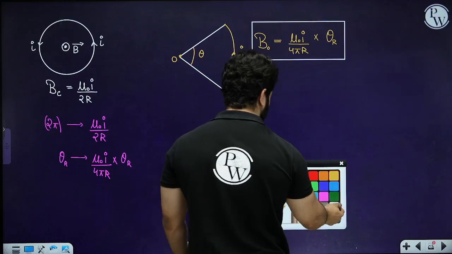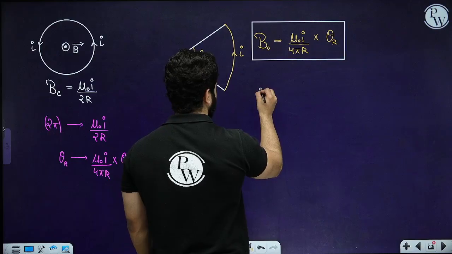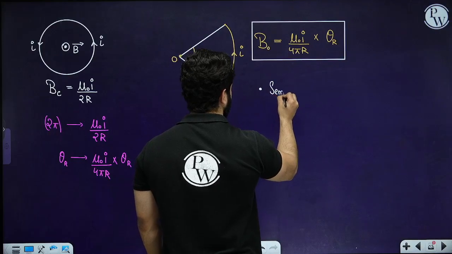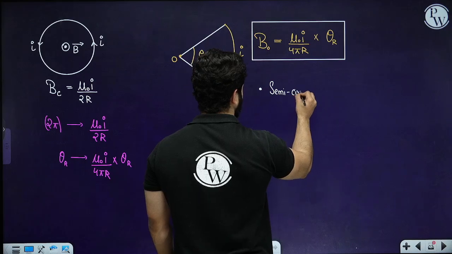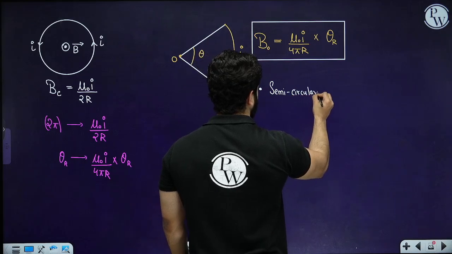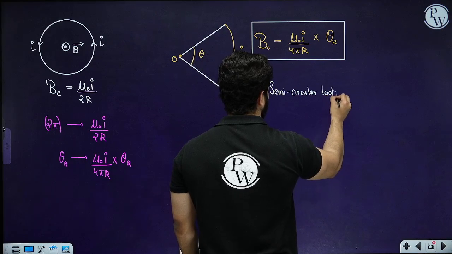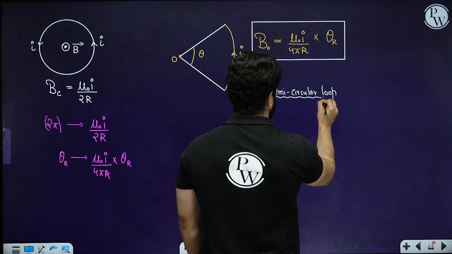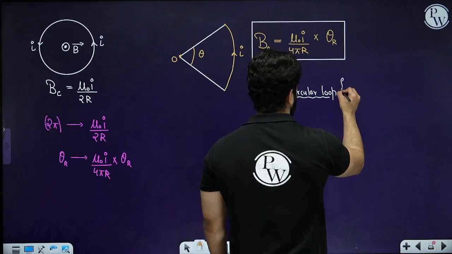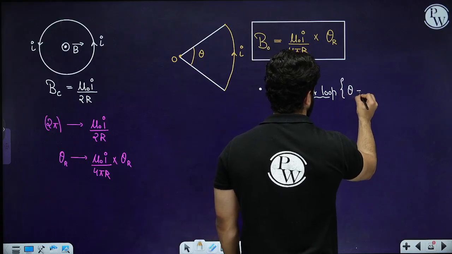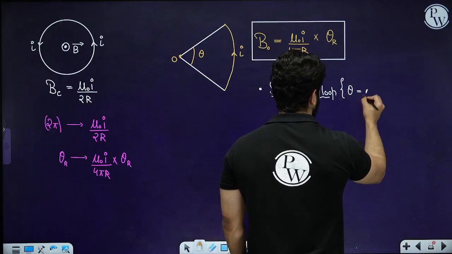That's it. So if you have got something like a quarter circle, just multiply pi by 4 over here. If you have got a semicircle, so let's suppose we are talking about a semicircular loop, then for a semicircular loop, theta will be pi.